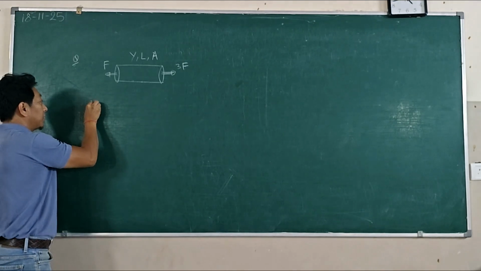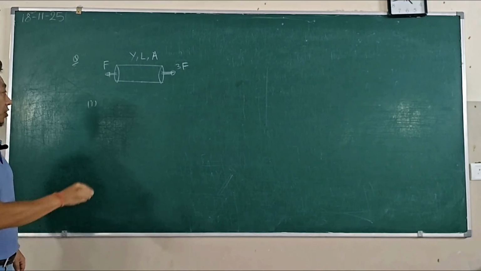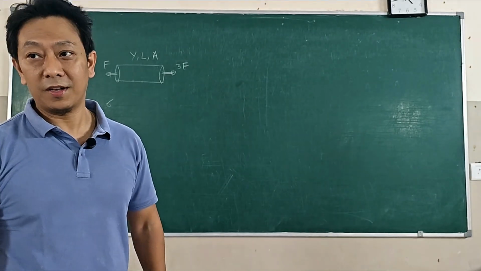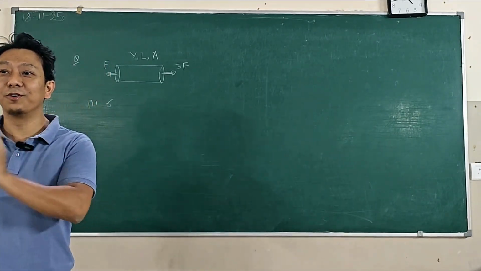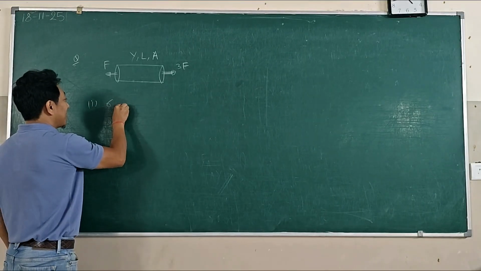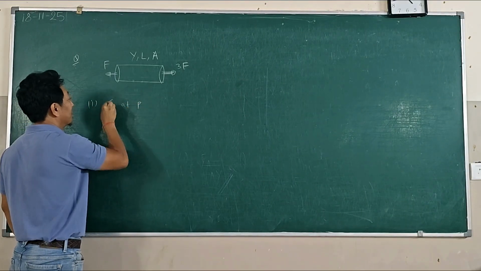First you have to find tension or stress, but this time you have to mention at which point, because now tension will change from point to point. You will see. So find the stress at P.